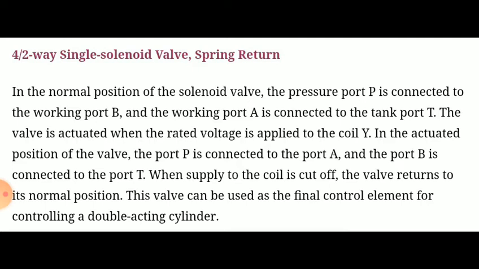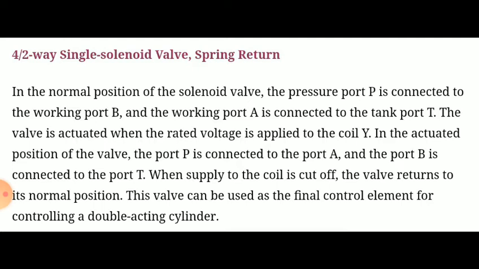In the normal position of the solenoid valve, the pressure port P is connected to working port B and the working port A is connected to tank port T. The valve is actuated when the rated voltage is applied to coil Y. In the actuated position of the valve, port P is connected to port A and port B is connected to port T. When supply to the coil is cut off, the valve returns to its normal position.